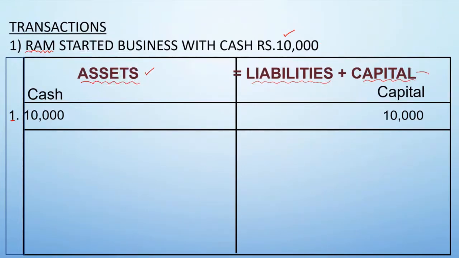This blank space is there to write what assets and liabilities are being generated in the business. Cash is the asset which is generated, and on the liabilities side the capital is generated, so under capital we record 10,000, the owner's fund.